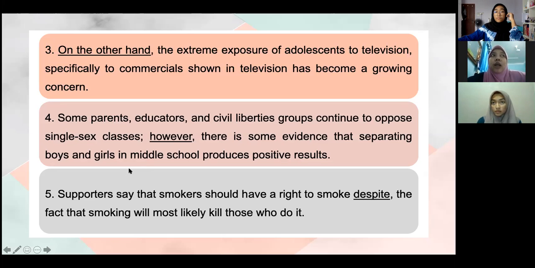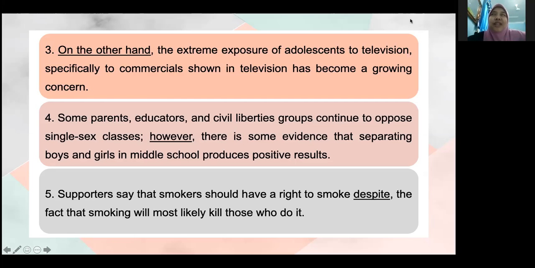So I use however because however is conjunctive adverb for the transition signal. So however, there is some evidence that separating boys and girls in middle school produce positive results.